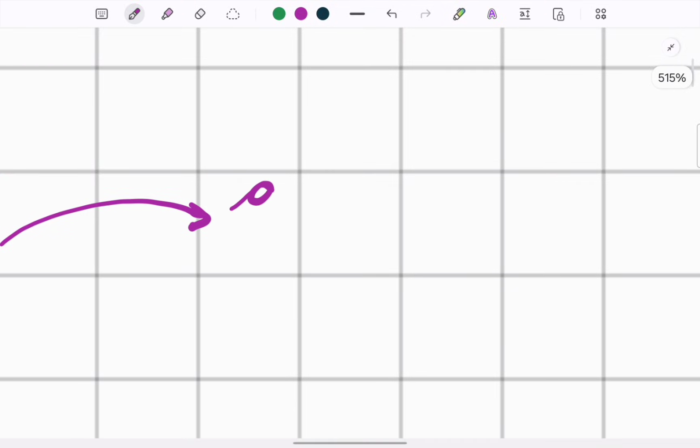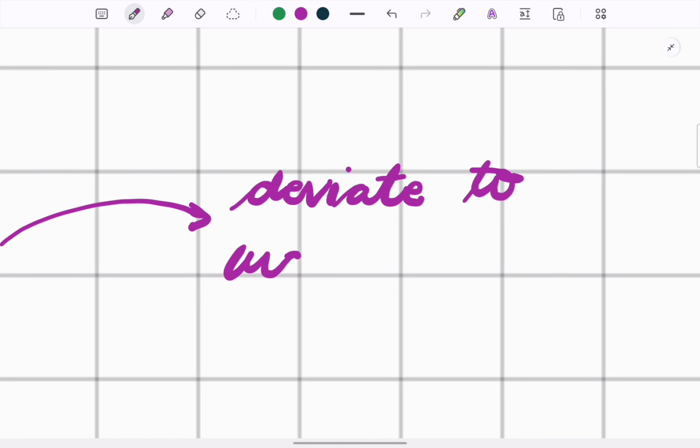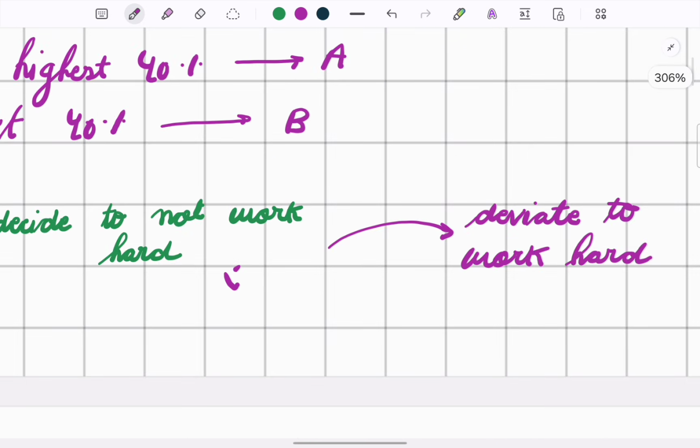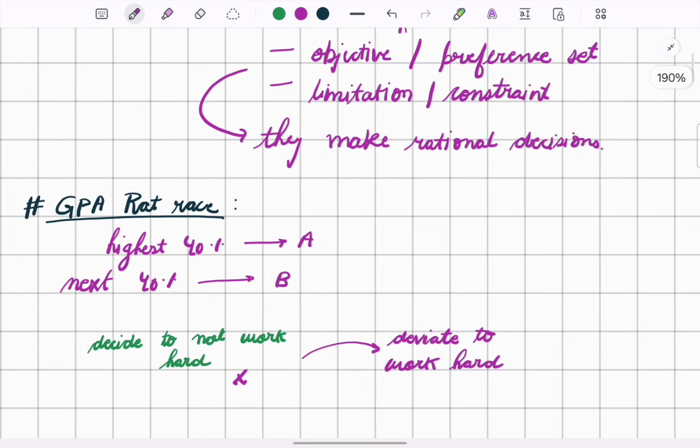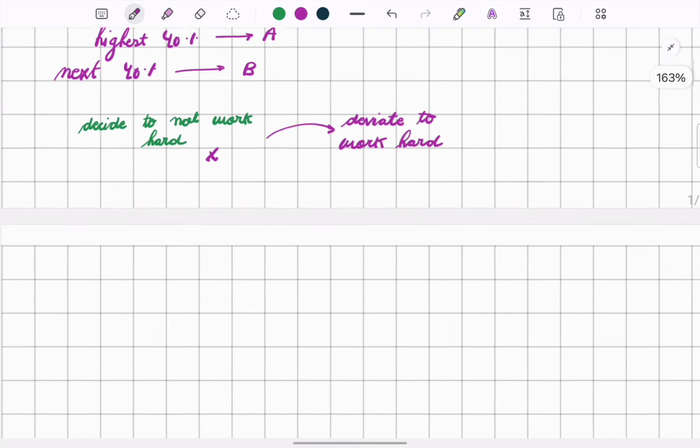So they will deviate to work hard, right? And so this will not be the equilibrium that is going to be achieved. So this common decision is eventually going to fail, and they all know that this is not going to happen.